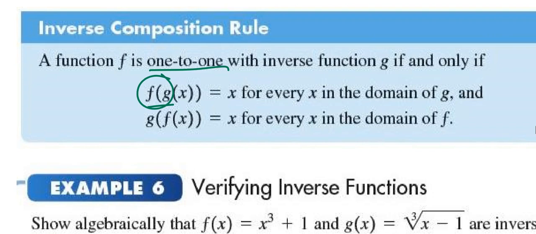The definition says you have two functions, and what did they do to the original x? They canceled themselves out and left you with exactly what you started with. No matter which way you do the composition, you started with x, you better end up with x. If you start with x and end up with x plus 2, not inverses. You have to start with x and end up with x.